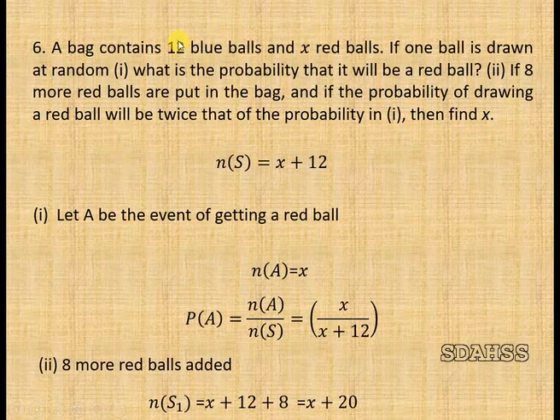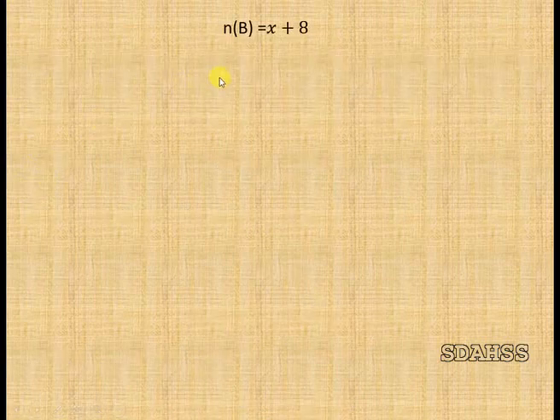Already x plus 12 balls are in the bag, and now 8 more red balls are added, so totally x plus 20 balls are in the bag. Then n of b is equal to x plus 8.